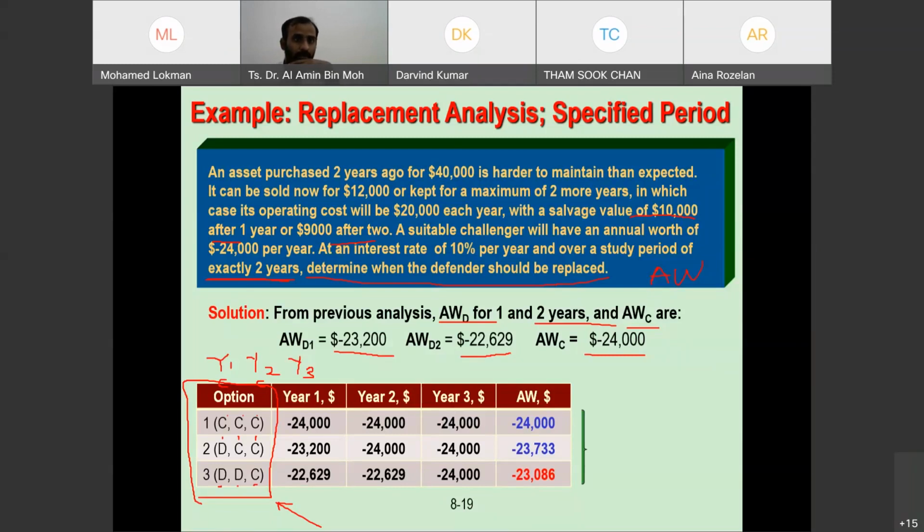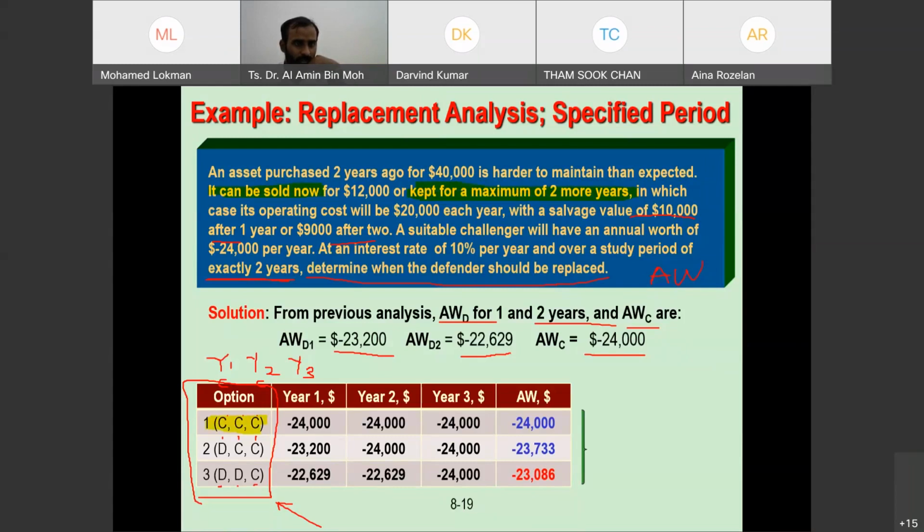Okay, so here, if we read, they say it can be kept for a maximum of 2 more years. So the maximum that we can use is 2 years. It can be sold now means now, which is this scenario.